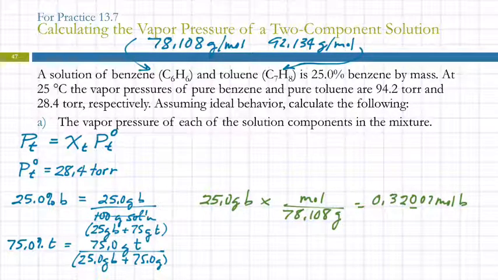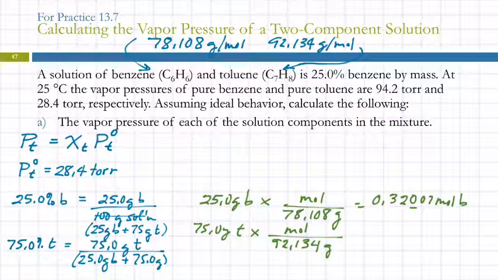I do the same thing for the toluene: 75.0 grams of toluene times its molar mass, 92.134 grams per mole, gives 0.81403 moles of toluene.